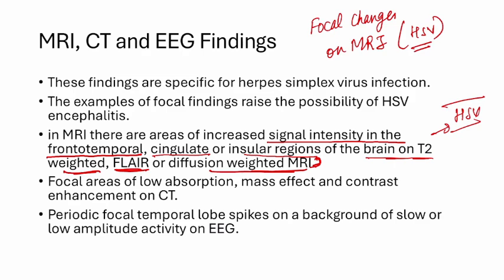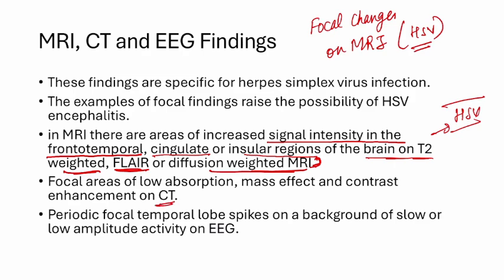You must know where these cortices are present. The frontotemporal, you can very well imagine what is the frontal part, what is the temporal part, what is the insular part. Cingulate gyrus is very much medial, so you must know where these gyri are present. If these cortices are involved, it means it is HSV encephalitis because these findings are seen in only HSV, right?